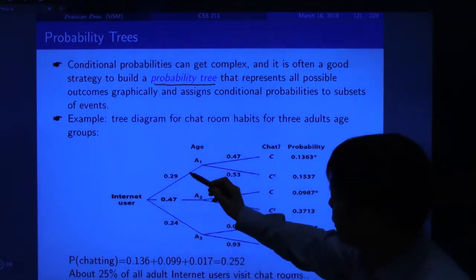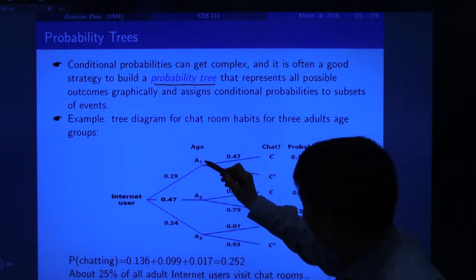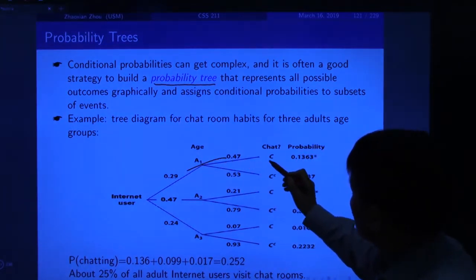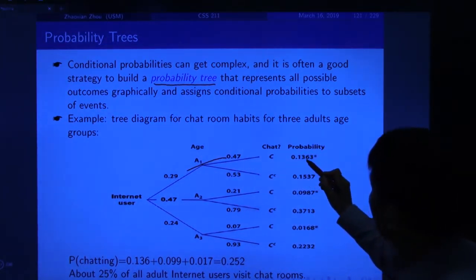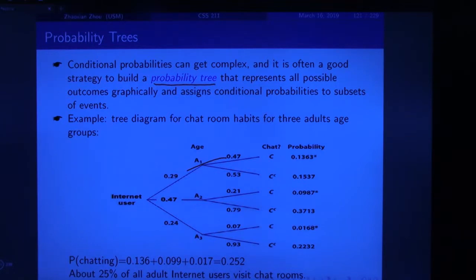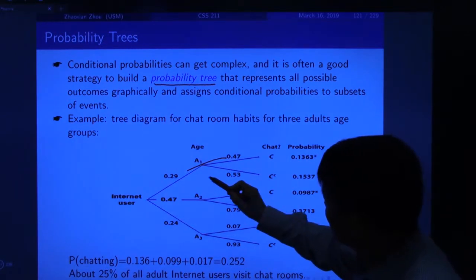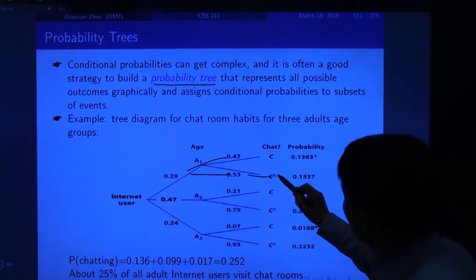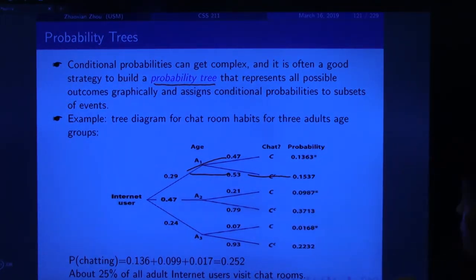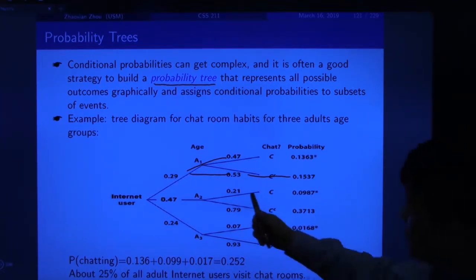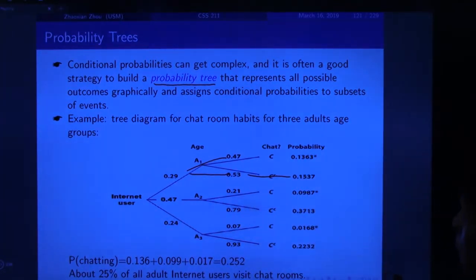So 29% times 47% equals 13.63%. And in group A1 but not chatting, this times this gives us 15%.